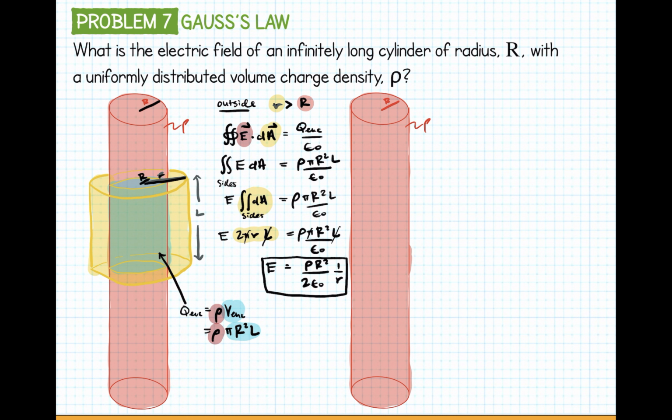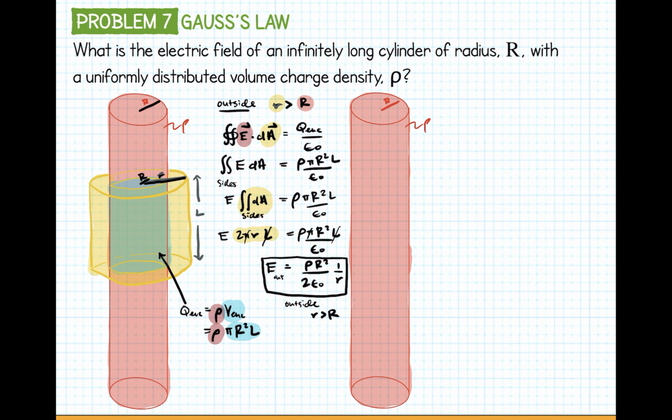So this is for outside, or r greater than big R. Okay. Now that seems pretty straightforward. So this is just a constant, and then we have an inverse relationship between our electric field and our r. So we'll call this out.